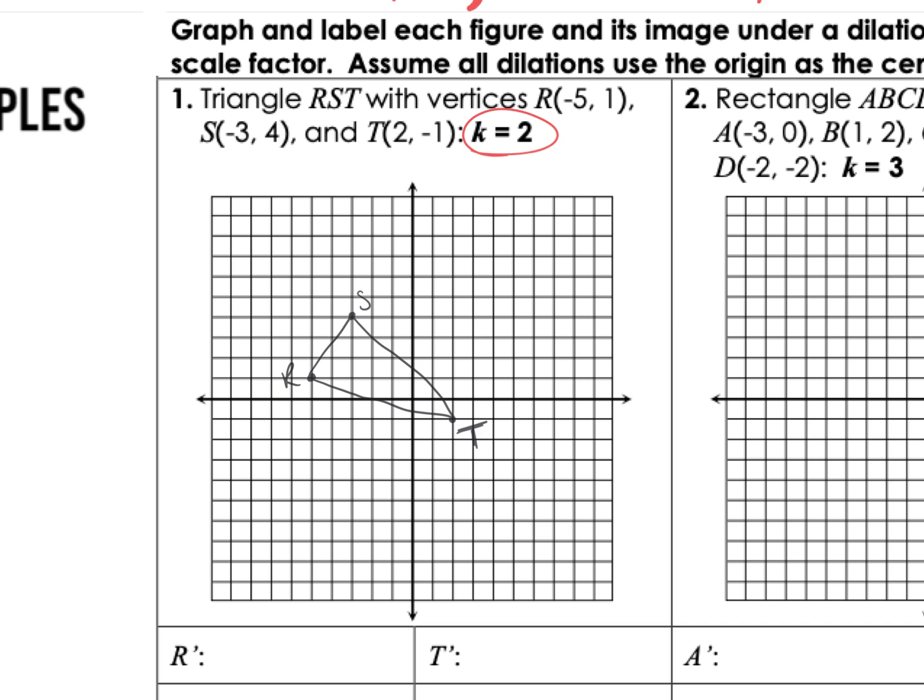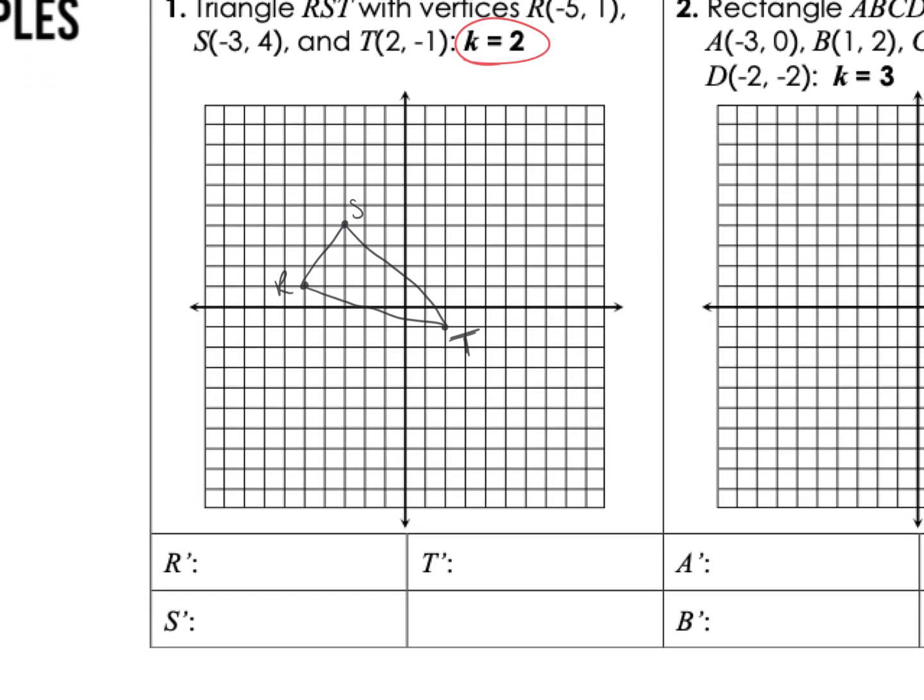I'm going to take all of the points, the ordered pairs, and multiply the values in them by 2. So the point R becomes the point (-10, 2). Do we have to show that on the graph? Yes. We're going to graph it and write the ordered pairs both, so that you can do either one.